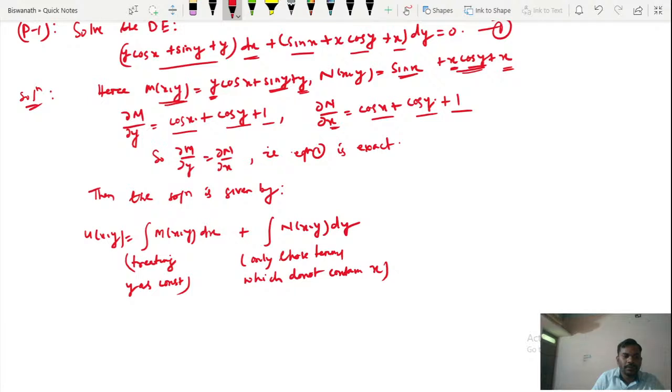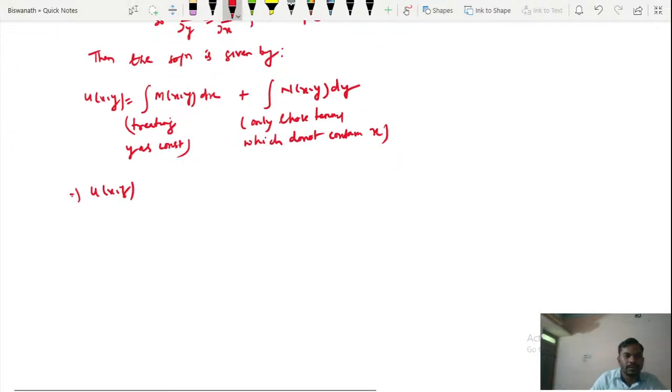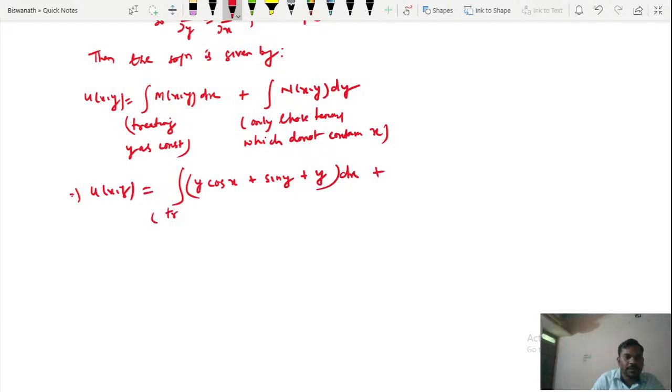So now what will be your u of xy? This is the integration of M of xy dx. So where is your M of xy? Your M of xy is y cos x plus sin y plus y. This is your M of xy, and I will write this treating y as constant, plus the integration of N of xy.